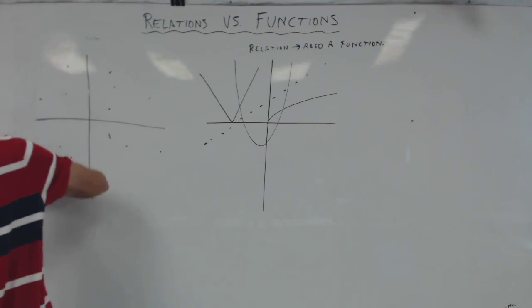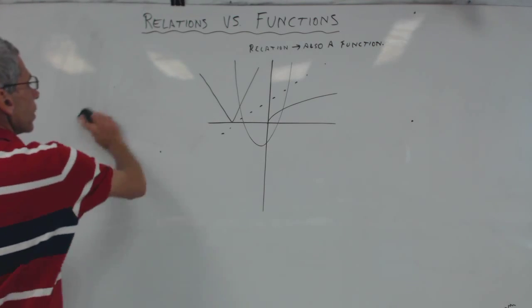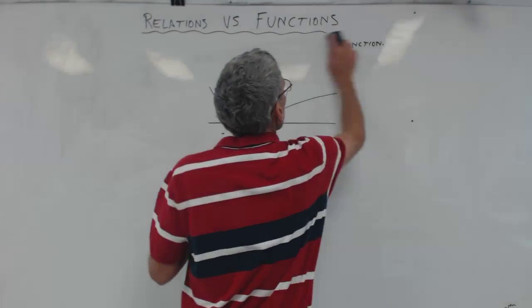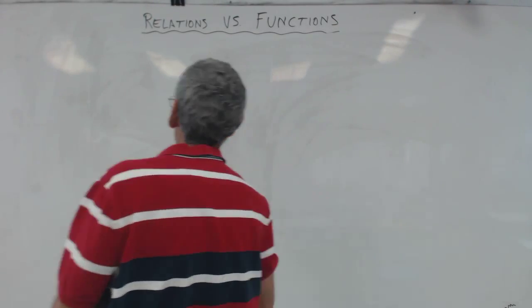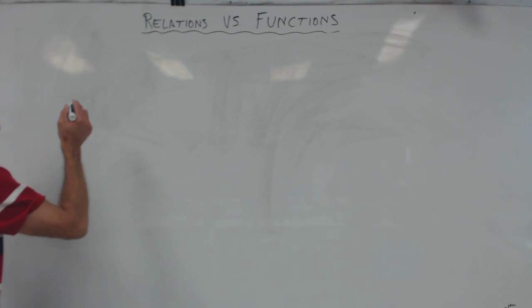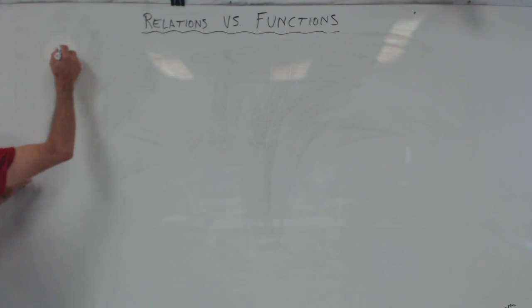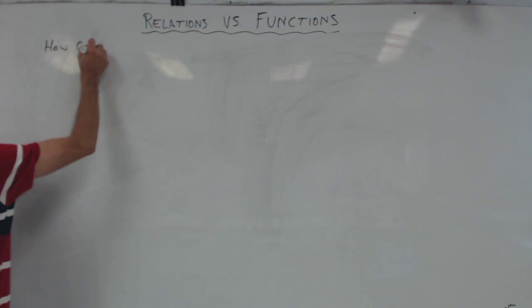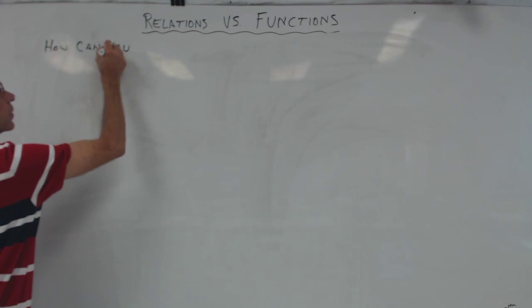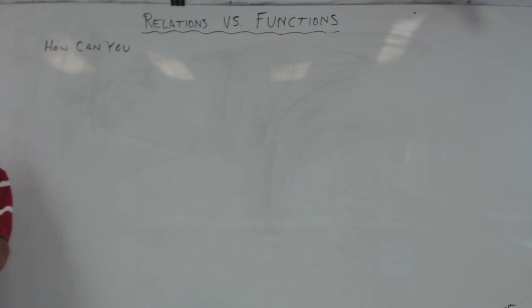So let me write this down. With a graph, okay, so this is the question. How can you tell if something is a function? We're going to be talking about this particular question, so be sure to write this down in your notes.